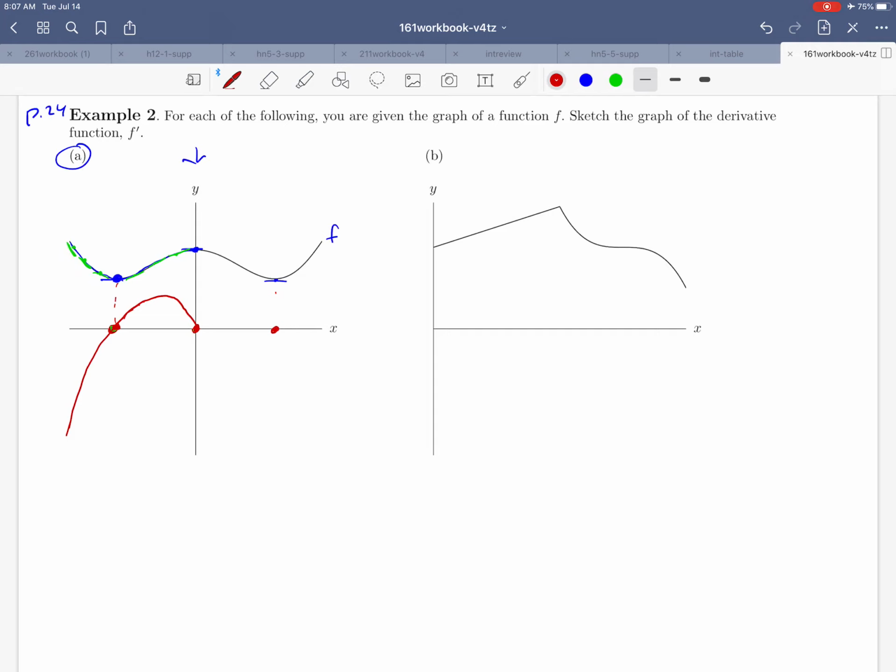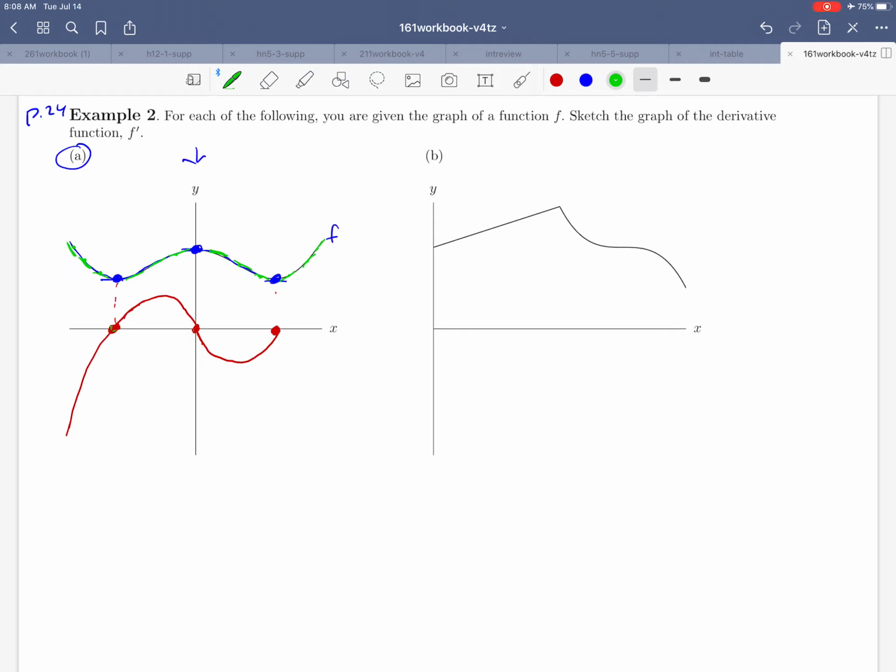We just kind of keep doing this. So the next zone of our graph would be from here to here. If you draw in tangent line slopes there, notice that they're all negative, which means that our derivative graph is below the x-axis. So maybe something like that. And then finally we come to the very last stretch of f.